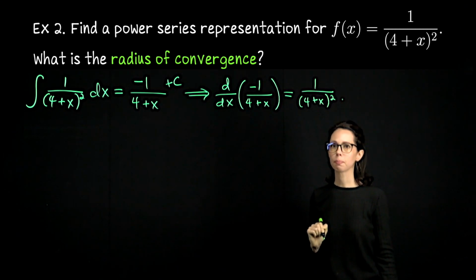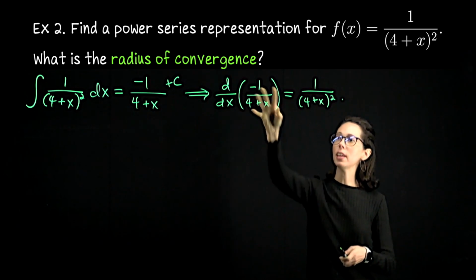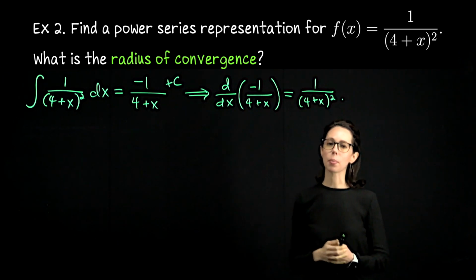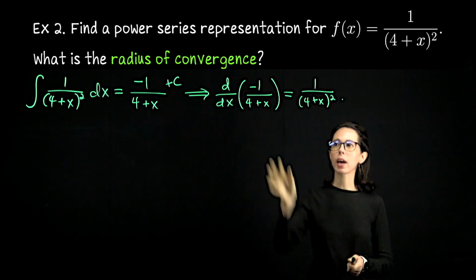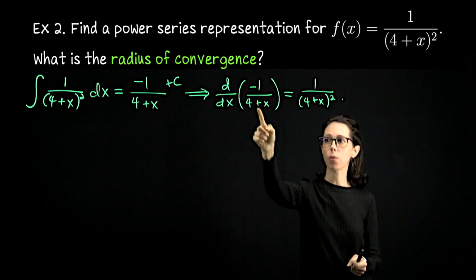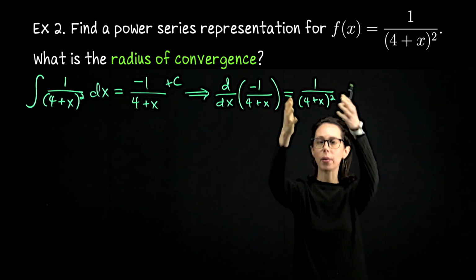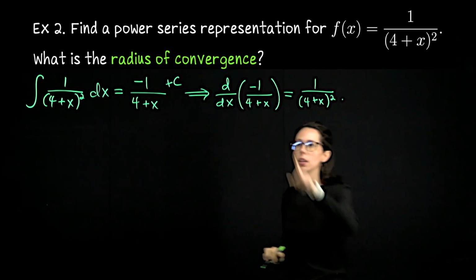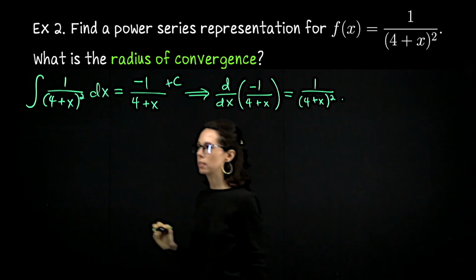Now what? Well, this looks like our prototypical 1 over 1 minus x. We're going to have to do some adjustments here, but we can come up with a power series representation for this. Then I can differentiate to get a power series representation for this. So next step is to find a power series representation for negative 1 over 4 plus x.